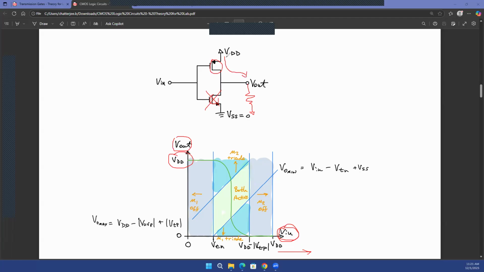That current flow will be a continuous amount of current as long as the PMOS transistor is on. As long as the top transistor is on, it will keep on drawing current, and that current will keep on going through this output resistor to ground. So you'll keep on drawing more and more current over time.